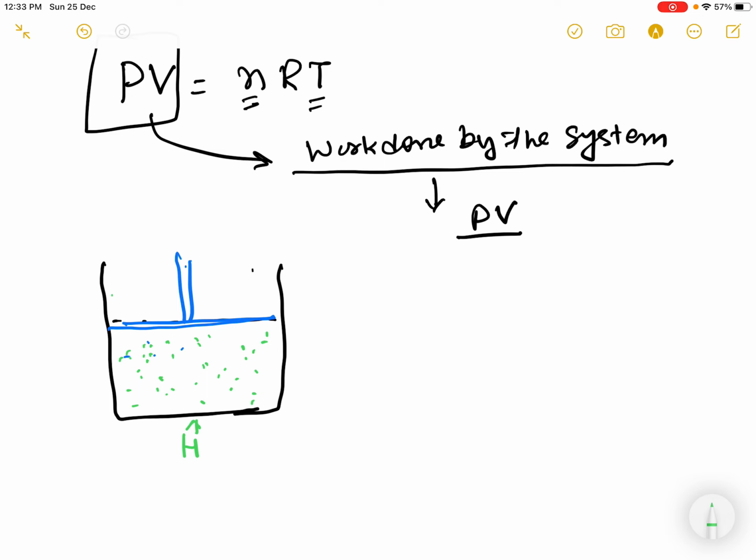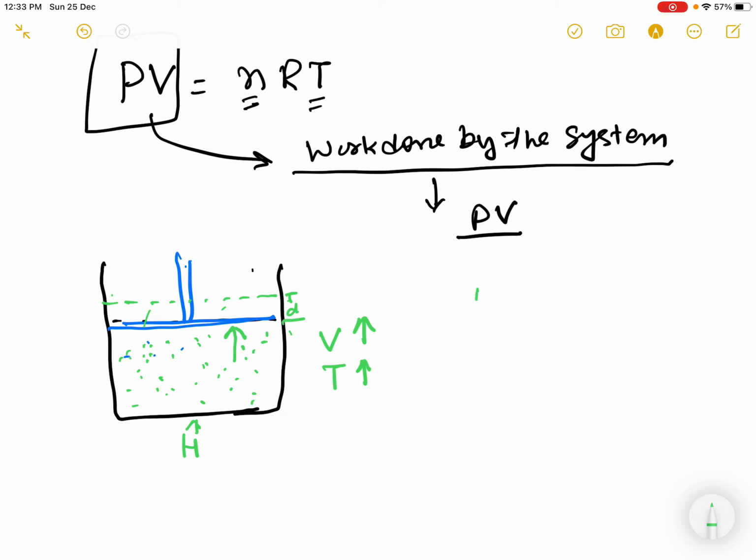This gas will expand and volume will increase, temperature will increase, then the piston will reach here and the volume will increase to this. So the system will do some work on this piston, and piston will move by this distance, let us say it d.